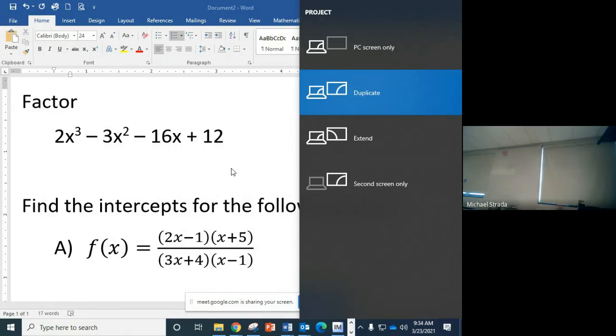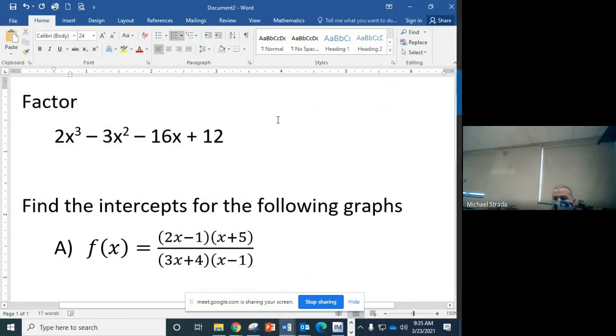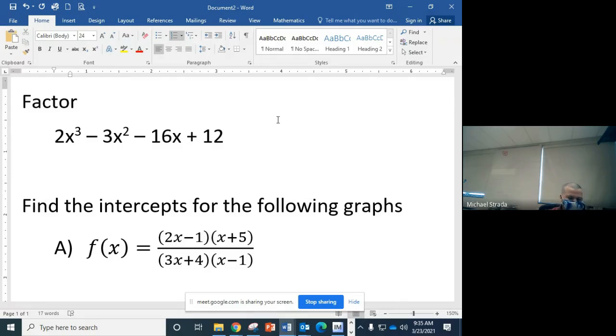All right. Your choice on whether you want to take notes on this or not, but if you have to factor 2x cubed minus 3x squared minus 16x plus 12. So you want to factor that. 2x cubed minus 3x squared minus 16x plus 12. I just want to make sure I pull out an x squared, 2x minus 3.